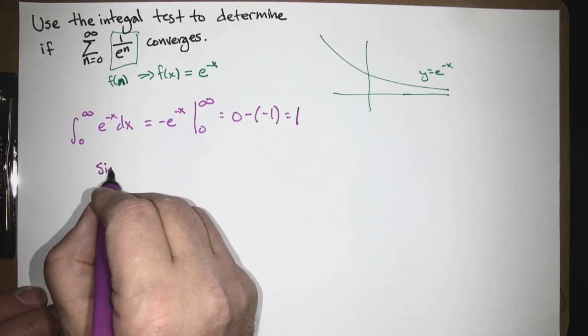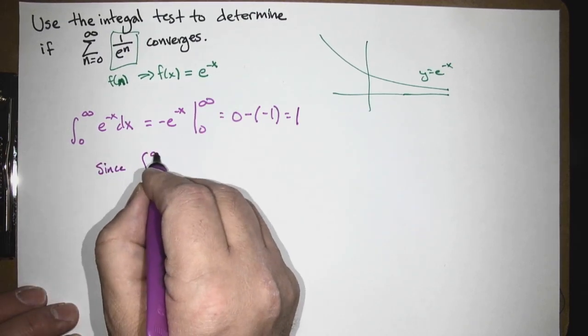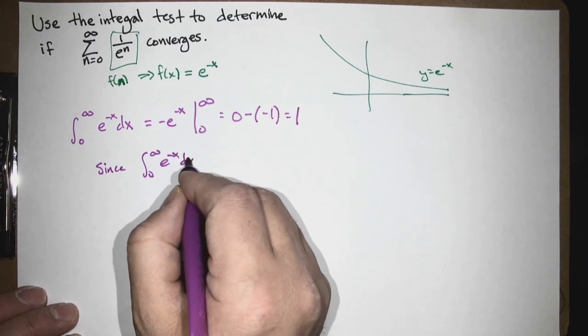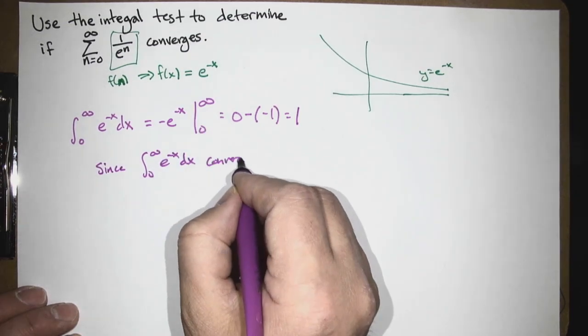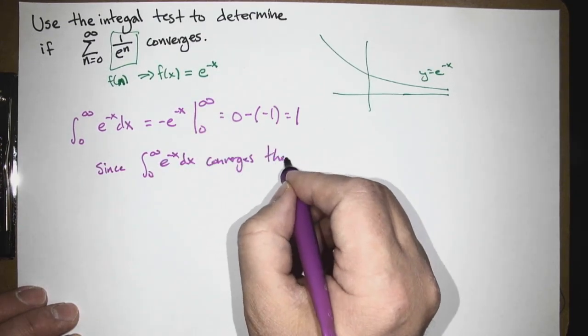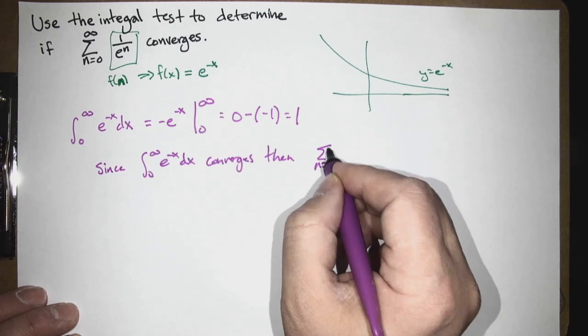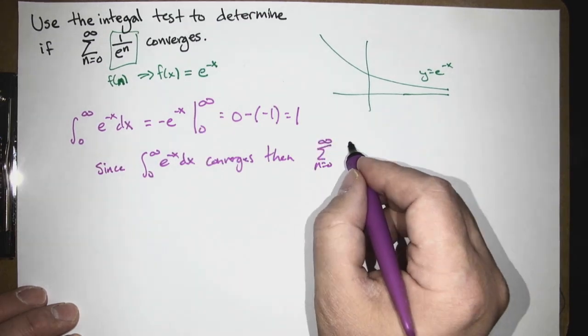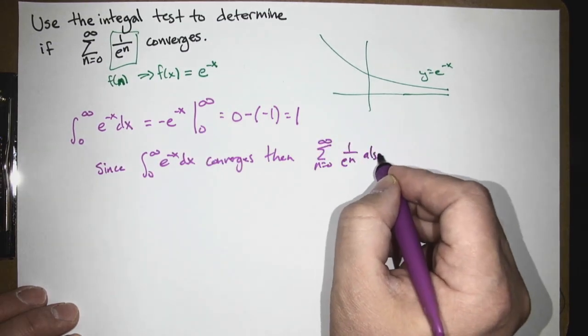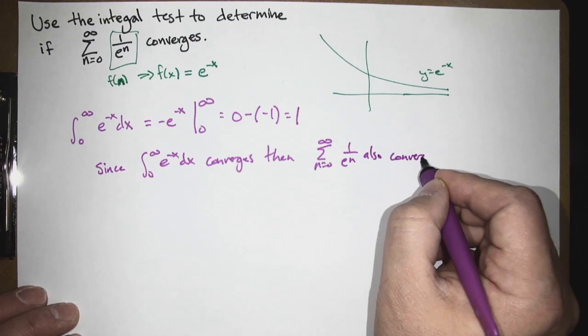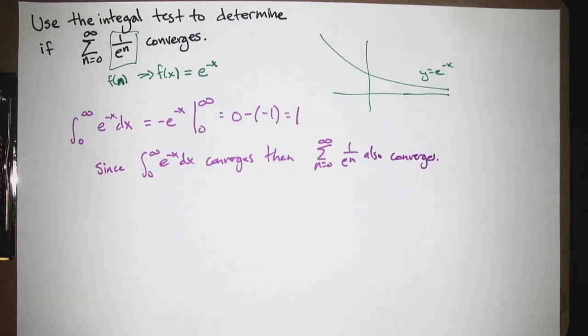So, since the integral from 0 to infinity of e to the minus x dx converges, then the sum from 0 to infinity of 1 over e to the n also converges. But I want to do just a little bit more here because I want to point something out.